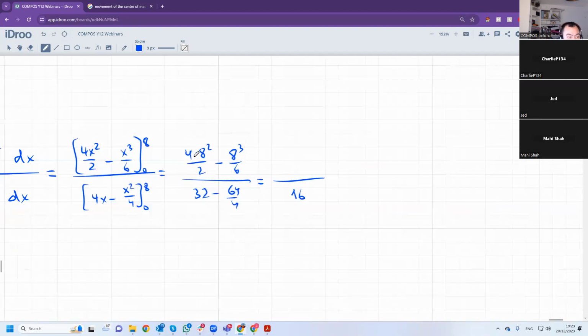So for the top, 2 times 64 is 128 minus 8 cubed over 6. So that's going to be 8 squared multiplied by 4 multiplied by 2. 2 cancels 3. 8 squared, 64 times 4, 256.